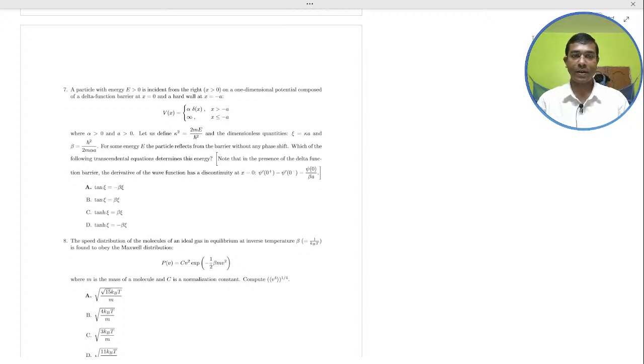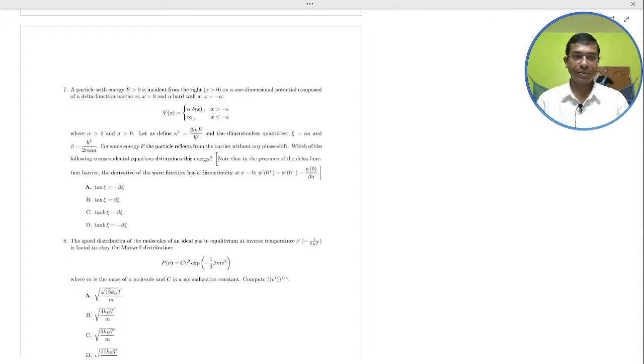V(x) is defined as alpha delta x for x greater than minus a and infinity for x less than or equal to minus a. Let us define k square equal to 2mE by h cross square, and the dimensionless quantities zeta equal to ka and beta equal to h cross square by 2m alpha a. For some energy E, the particle reflects from the barrier without any phase shift. Which of the following transcendental equations determines this energy?